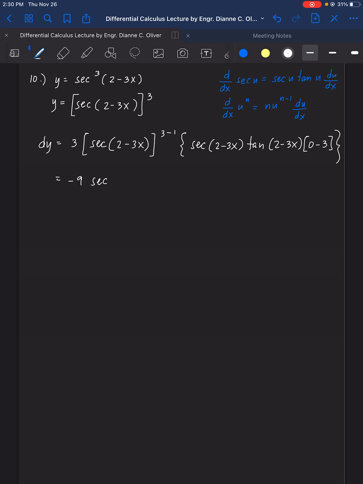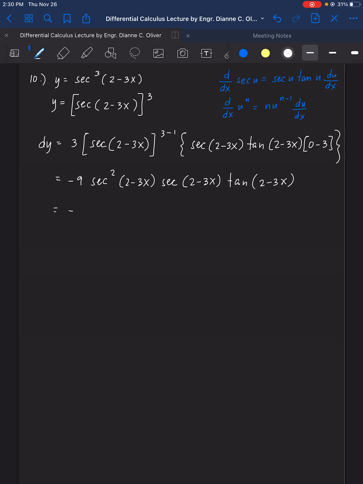Secant squared of 2 minus 3x, then another secant 2 minus 3x here, tangent 2 minus 3x.